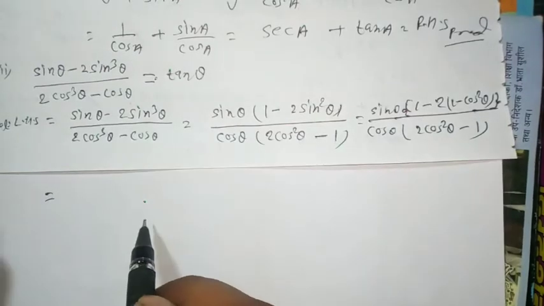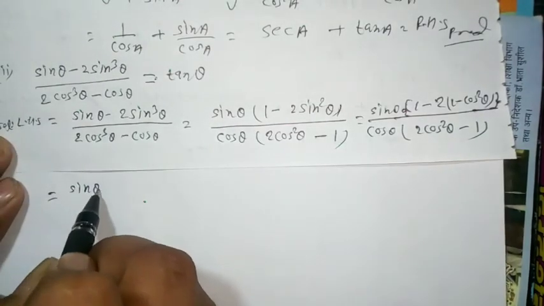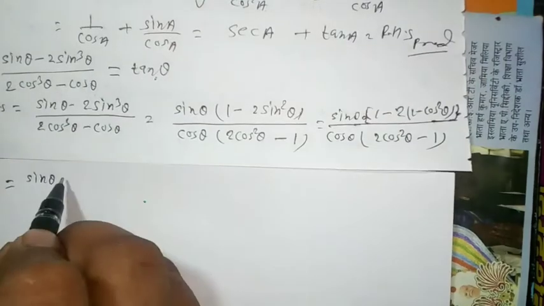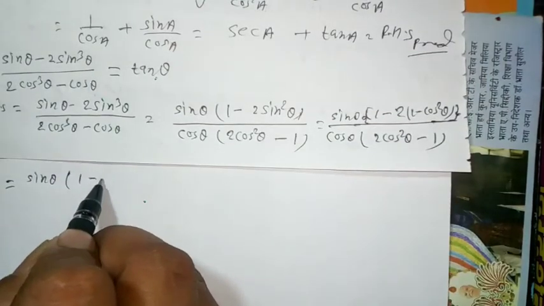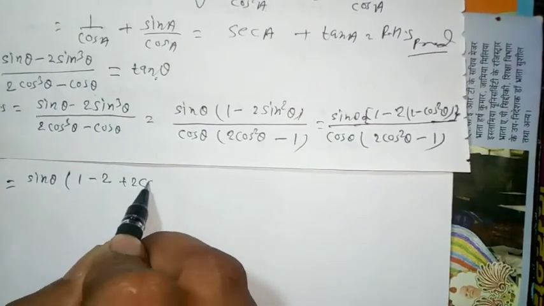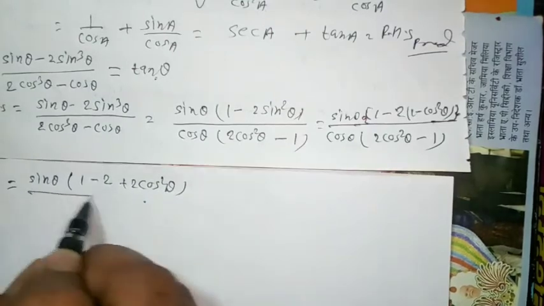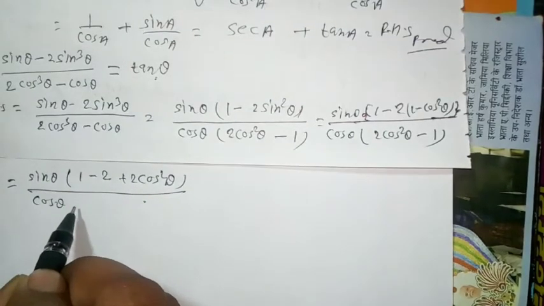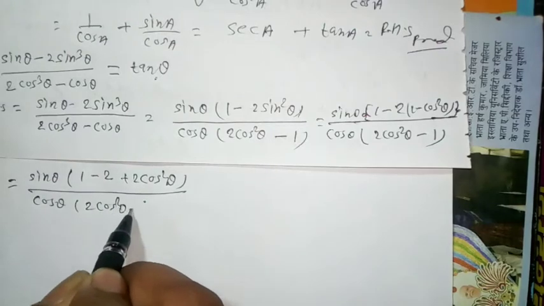Is equal to sin theta into 1 minus 2 minus means plus 2 cos square theta by cos theta into 2 cos square theta minus 1.